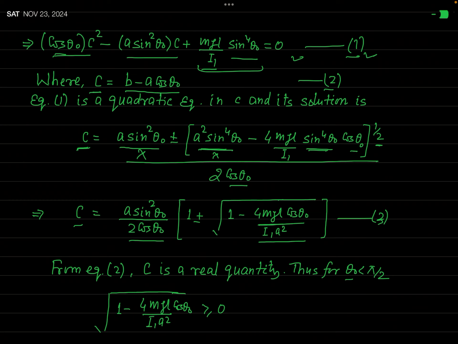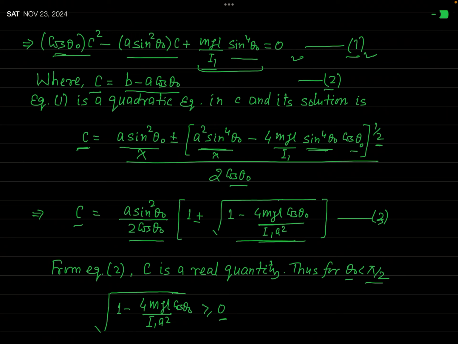Therefore, if you take theta naught smaller than pi by 2, then definitely this factor, that is the square root of 1 minus 4 mgl cos theta naught divided by I1 a square, must be greater or equal to 0, because only then C will be a real quantity.